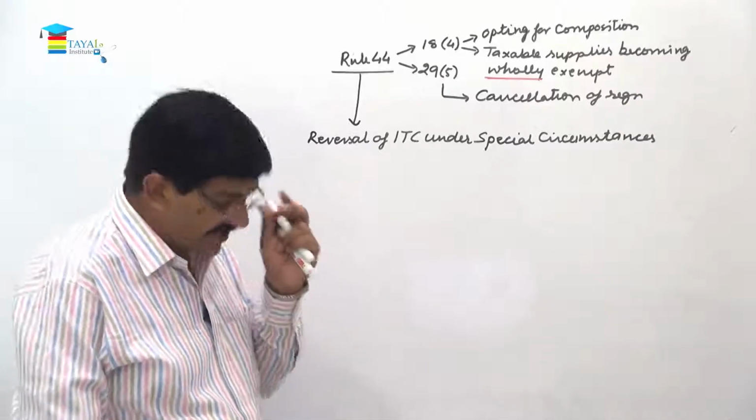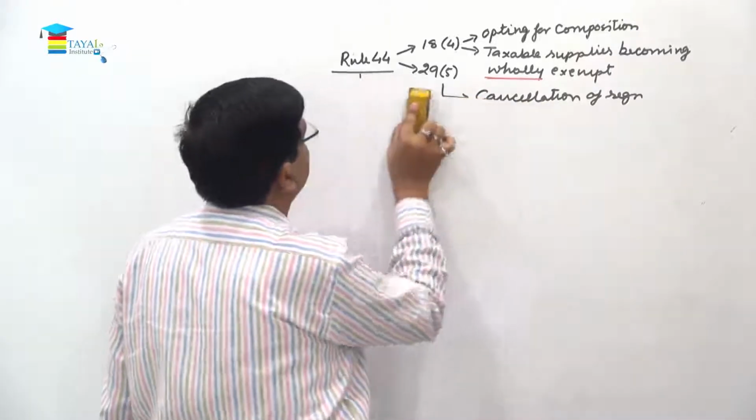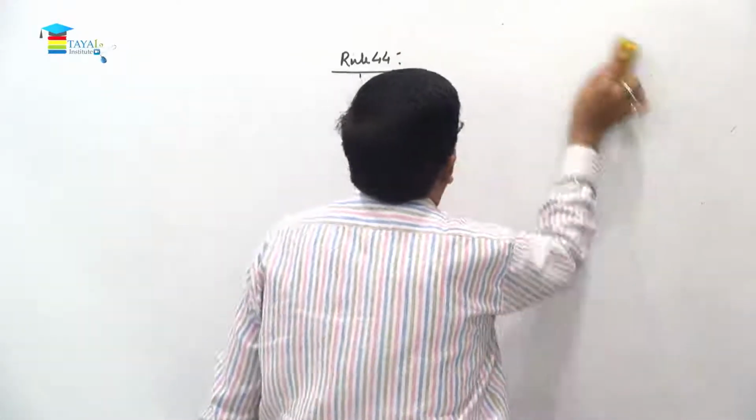Now what it is saying is, how much amount is required to be reversed, right?